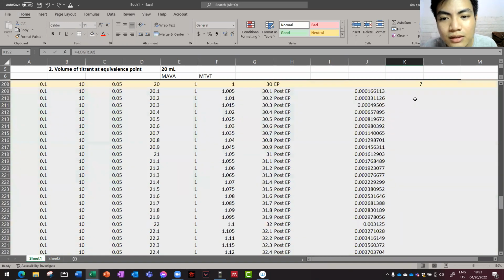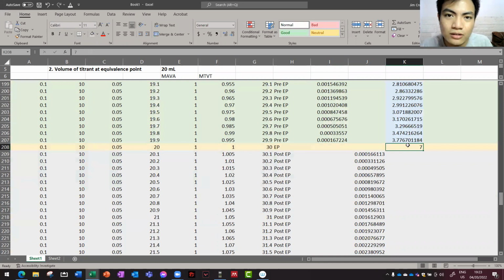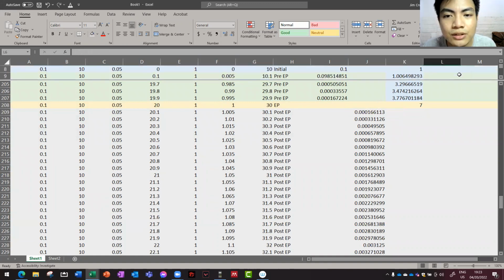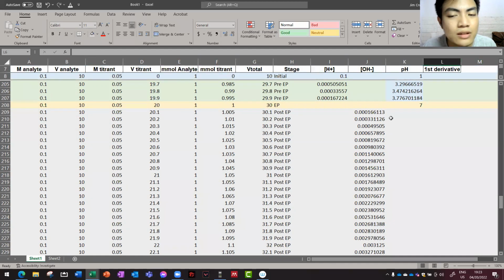And now, at the equivalence point, automatically our answer is 7. At the post-equivalence point, what's the equation here? Since you get the OH concentration, if you take its negative log, it's actually the pOH. So to solve for the pH from the pOH, it's 14 minus the pOH.